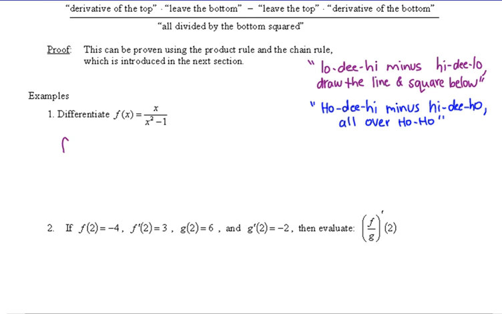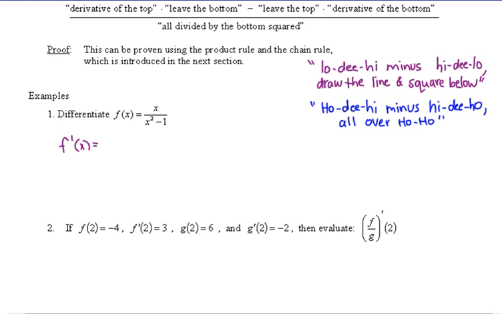So the derivative, f prime of x equals, who do we differentiate first? The top or the bottom? Low d high, the top. So I like to just go derivative of the top.